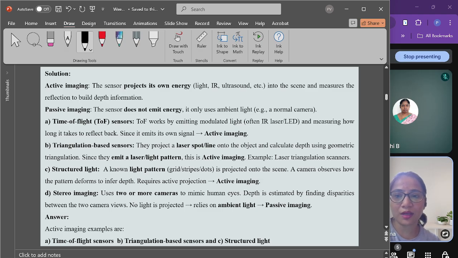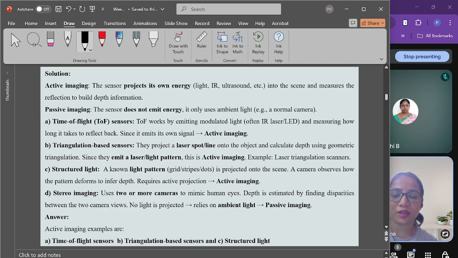Okay, so time of flight sensors. TOF works by emitting modulated light, often IR lasers or LEDs, and measuring how long it takes to reflect back. Since it emits its own signal or light, it is active imaging. And then the next one is the triangulation based sensor.